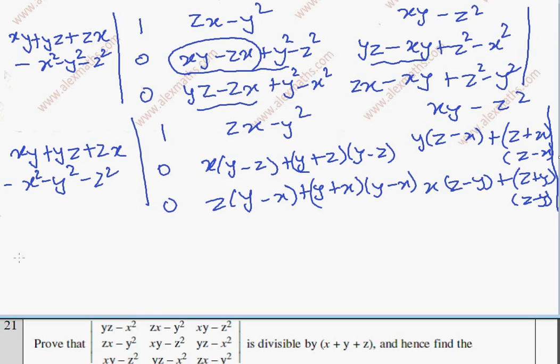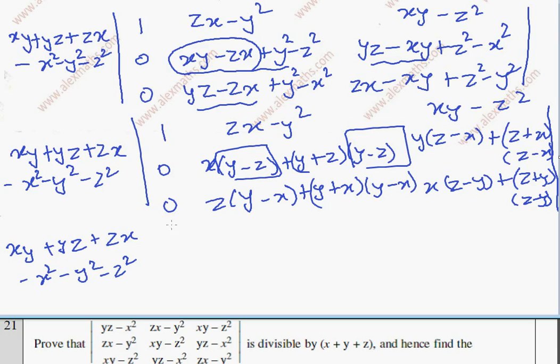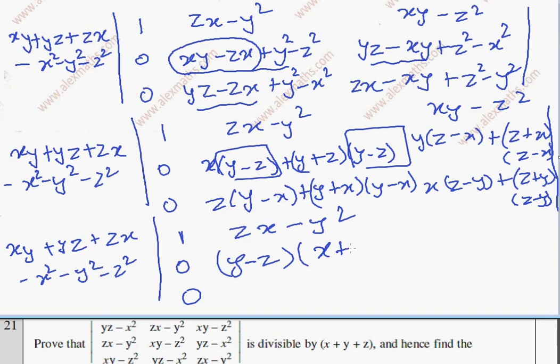Now again we can take y minus z common in this particular element. Like that, what is common we will take it out. So xy plus yz plus zx minus x square minus y square minus z square, 1 0 0, zx minus y square. When I take y minus z common, the remaining will be x plus y plus z.